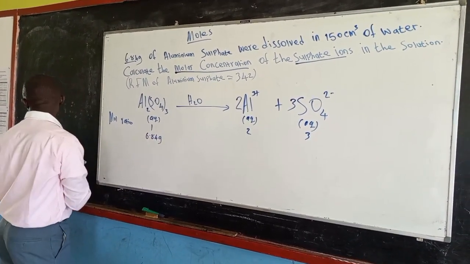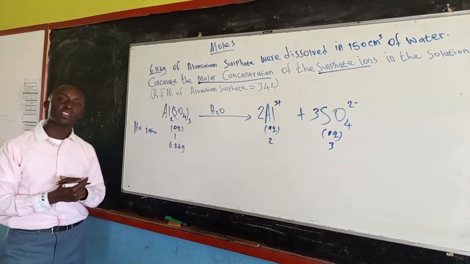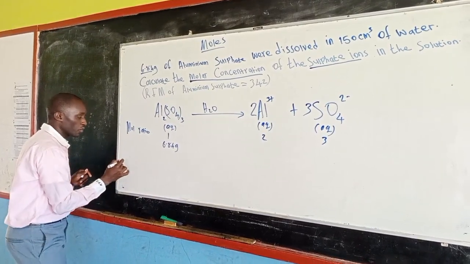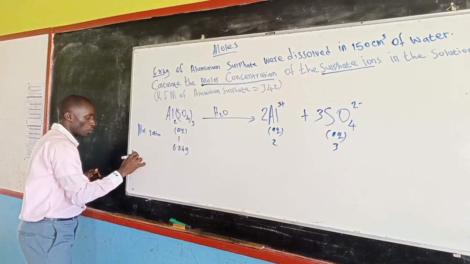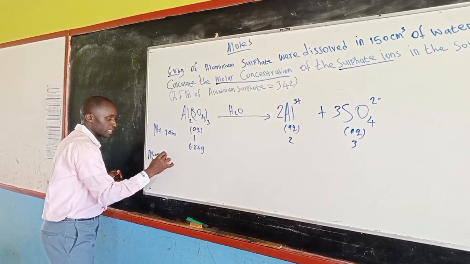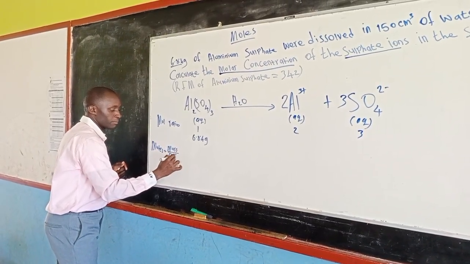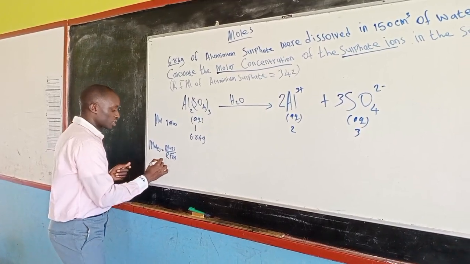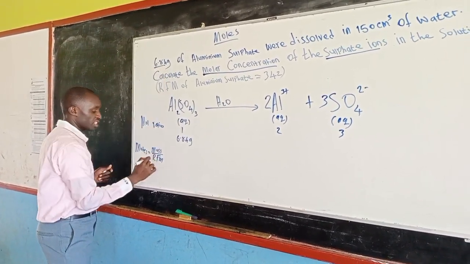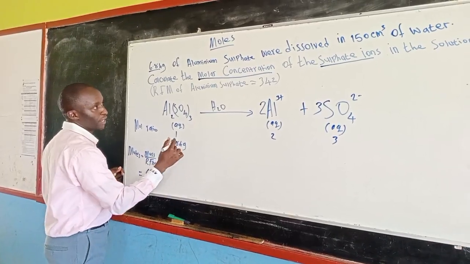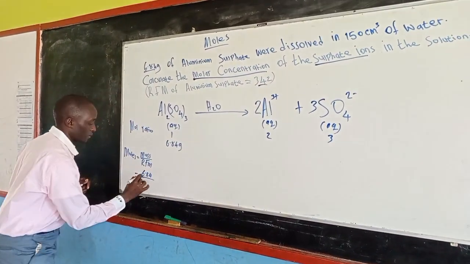From there, we have been given the grams of aluminium sulfate, which is 6.84 grams. Therefore, we can get the moles from here because we already have the RFM. How do we find the moles? Moles is equal to mass over RFM. The mass is 6.84, divided by the RFM, which is 342.